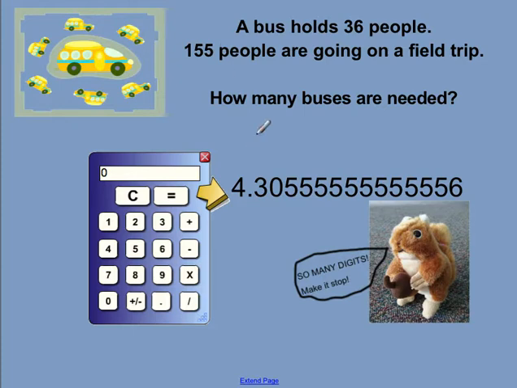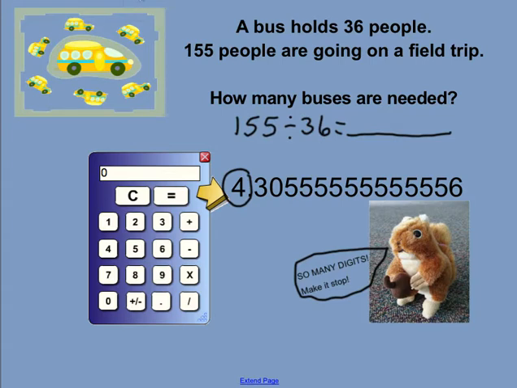Remember, we're trying to do 155 people onto buses of 36 people each. How many buses do we need? This time, we know for sure we need 4 buses, because those 36 people, we're going to need 4 buses to get them on. All right, so each of those 4 buses are full.